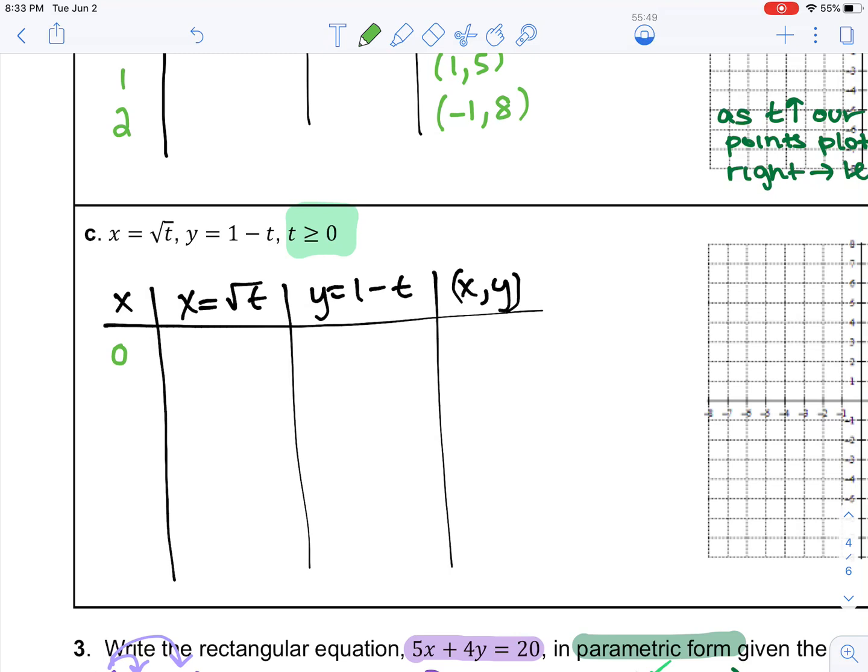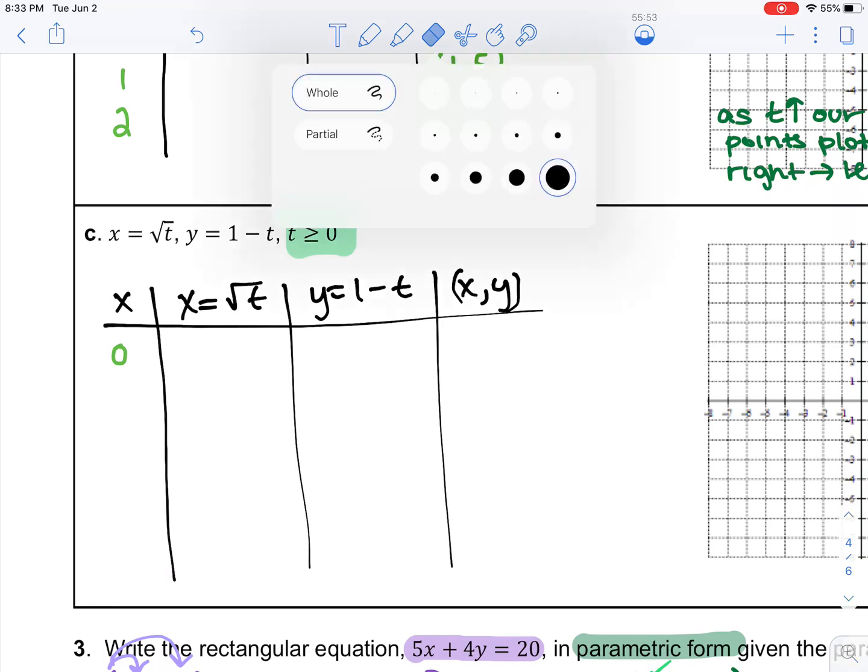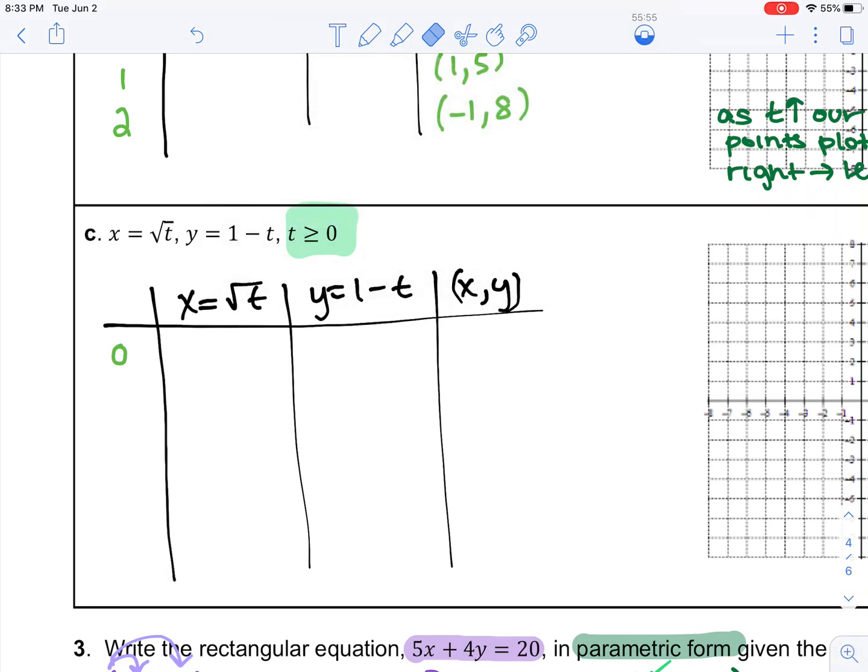So plugging in t, oops, and it looks like I made a mistake in my table. That should not be an x value, but rather that should be a t value, right? We're starting with different values of t and plugging them into our x and y equation. So plugging in t equals 0 here gives us 0.